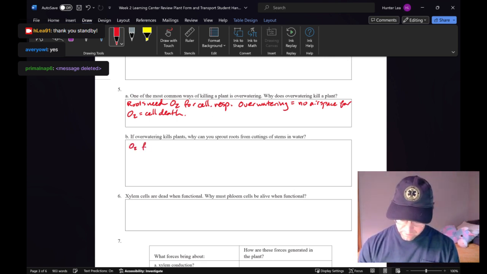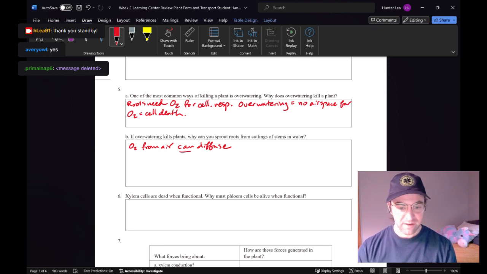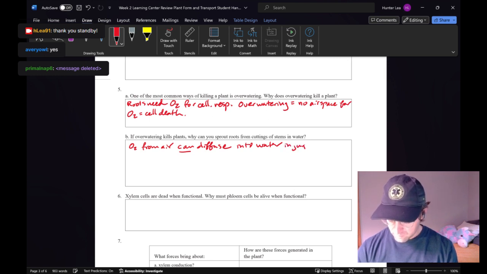So O2 from the air can diffuse into the water in a jug or a vase.